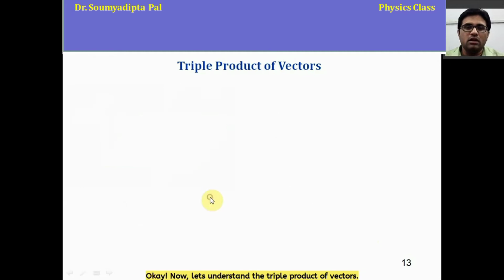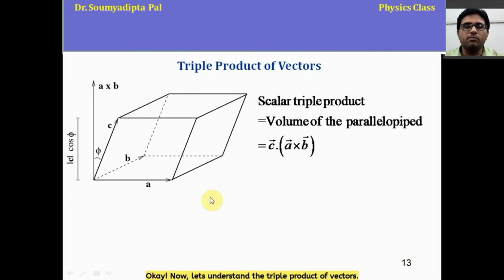Now, let's understand the triple product of vectors. To start with, we will consider first the scalar triple product. Here we require three vectors, right? A cross B will give us the direction and the magnitude along this direction.